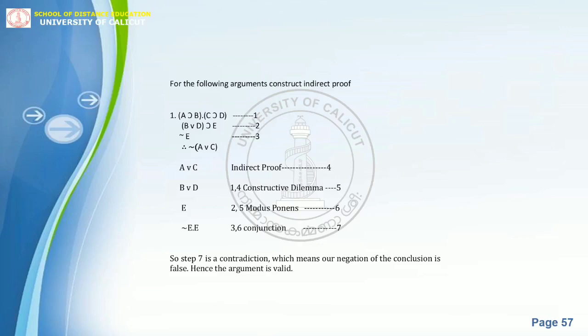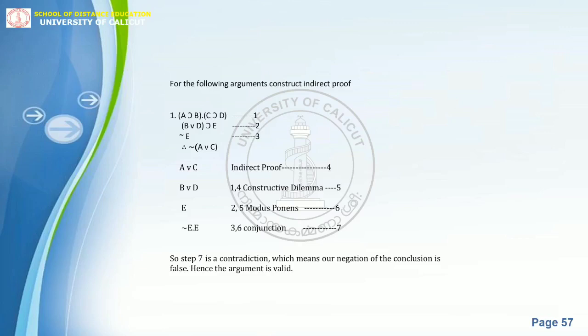Now next I have found that there is a further derivation possible in 2 and 5, that is modus ponens. Then I'll get E, written as 2, 5 modus ponens, numbered as 6.